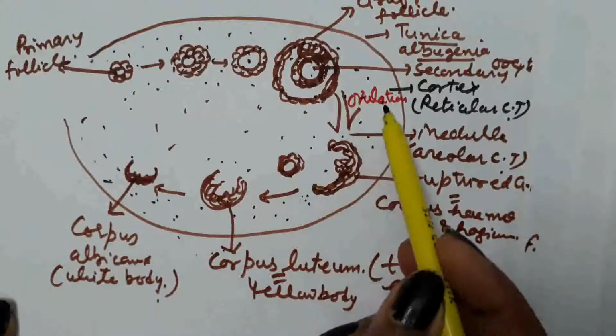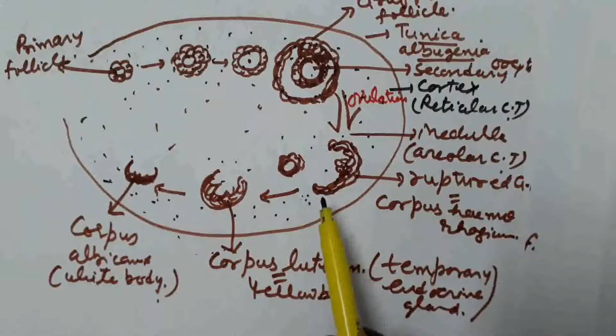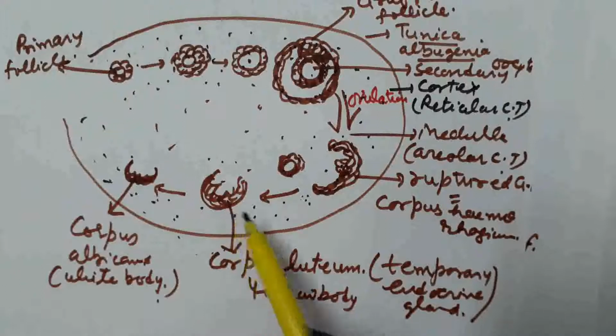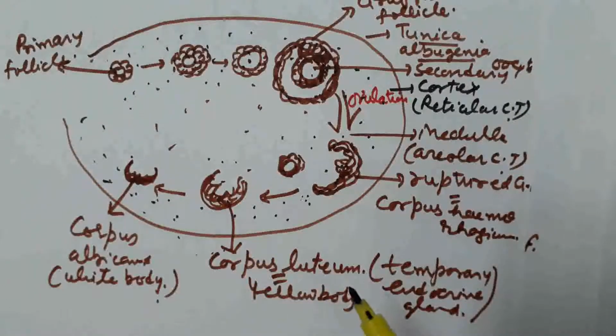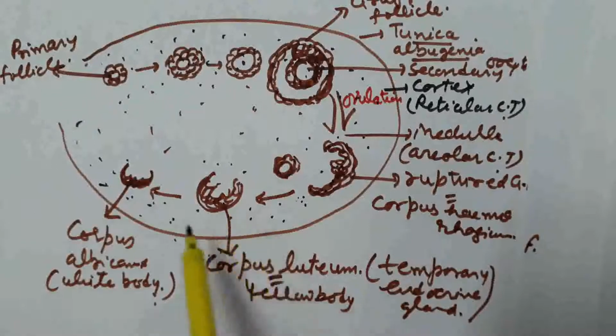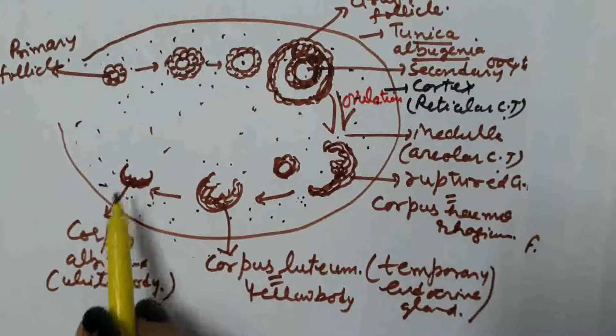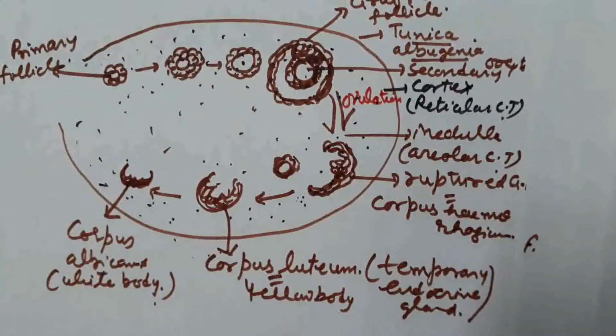The process is known as ovulation. Ruptured Graafian follicle is converted into corpus luteum, which is a temporary endocrine gland. Corpus luteum persists throughout the pregnancy period if fertilization takes place, and then corpus luteum degenerates and is converted into white body, which we call corpus albicans.